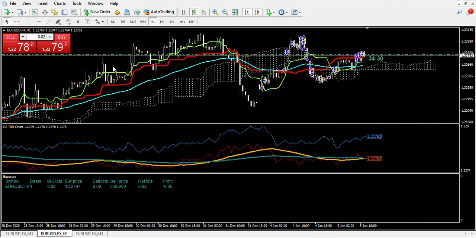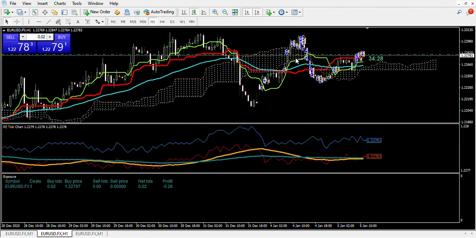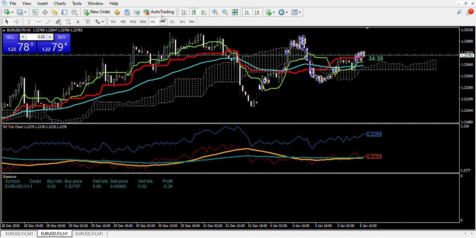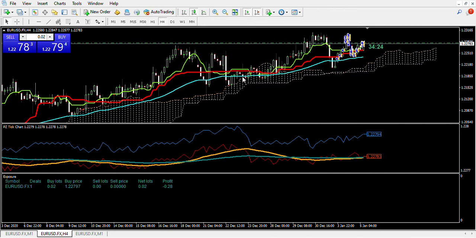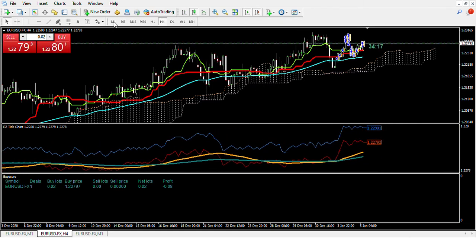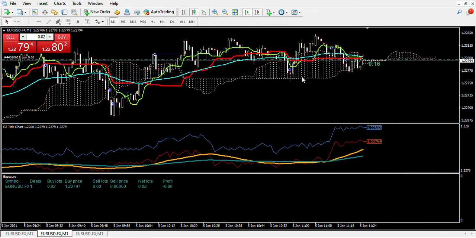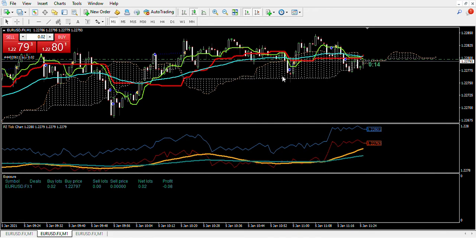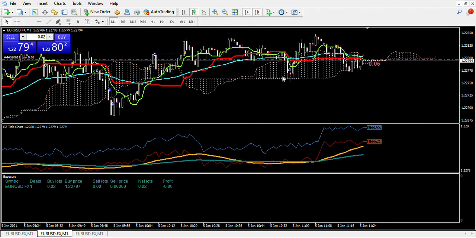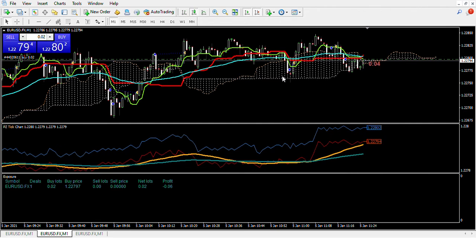Here's the 1 hour. It got above it, but it came below it and came back above it. And another common one people trade is the 4 hour time frame. And you can see it's not very far from it. So that's just a little extra indicator I've added in to kind of keep as a reference point.